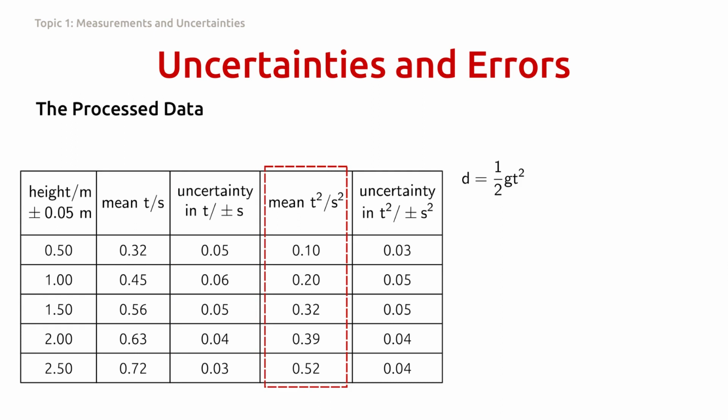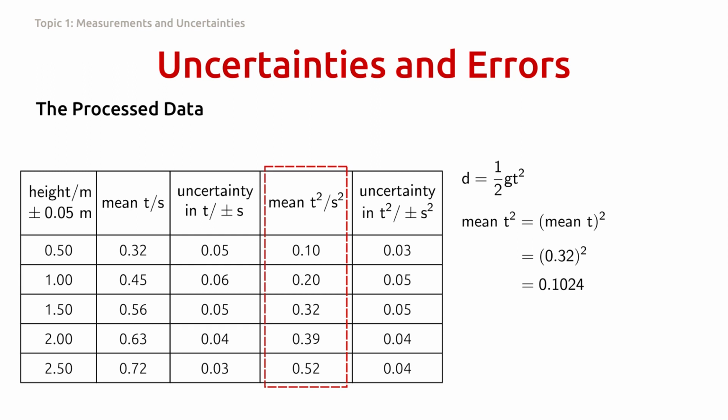Last time, we outlined this relation, d equals 1/2 g t squared. Since this relates the distance d and the square of the time, t squared, in this table we will also calculate the mean t squared and its uncertainty. The mean t-squared is calculated by squaring the mean t, which is in this case 0.32 squared.